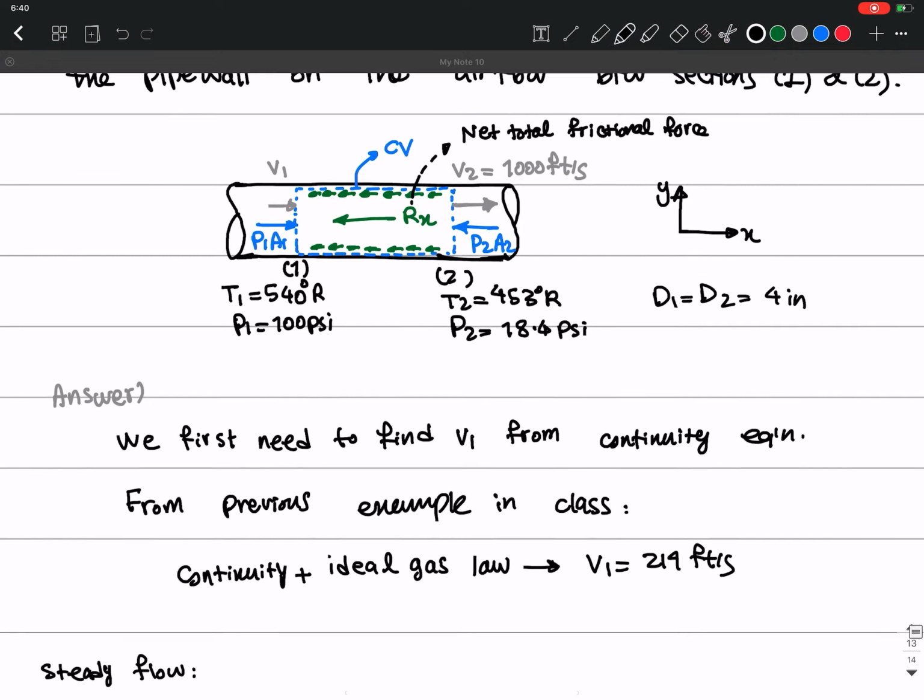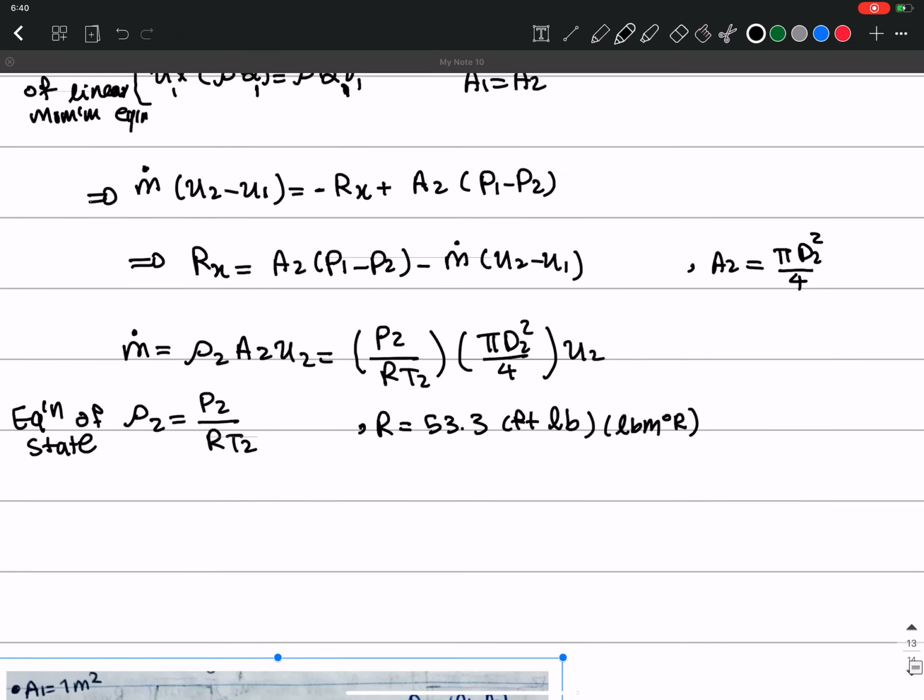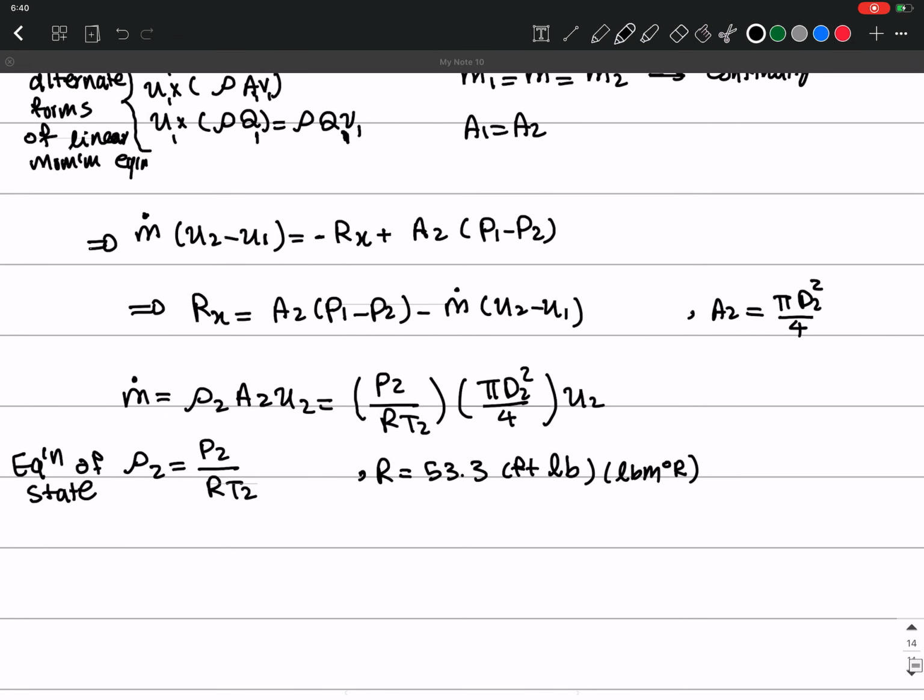If you just plug all the numbers into this equation, this gives me m dot equals to 9.57 pound mass over second.